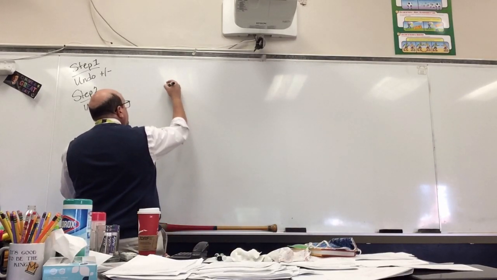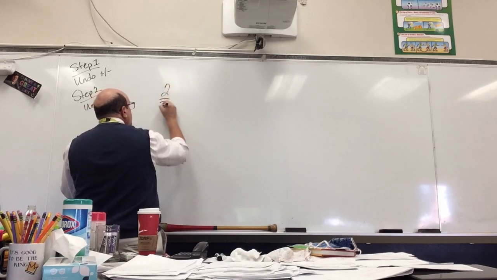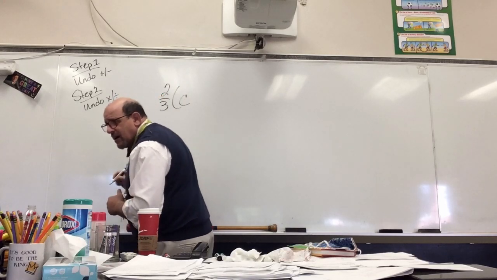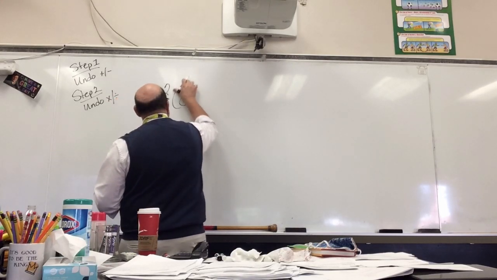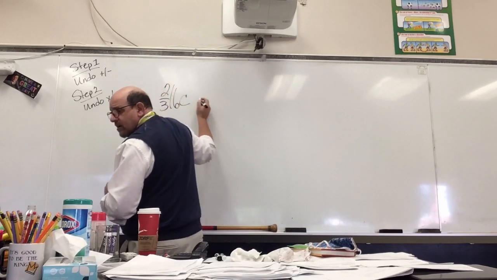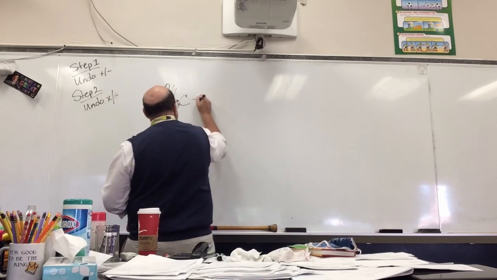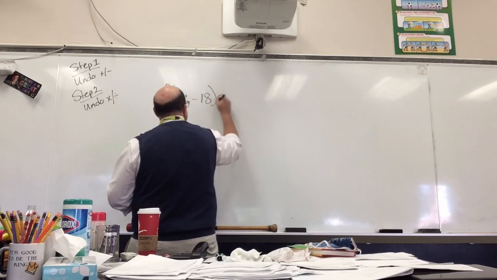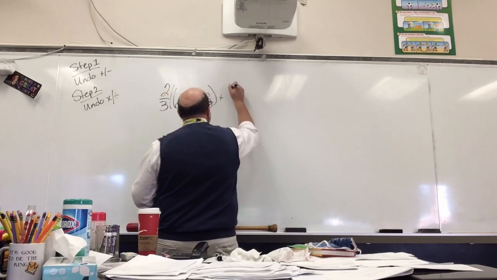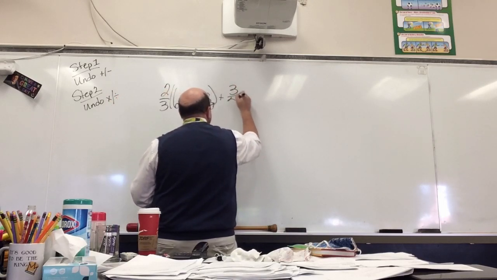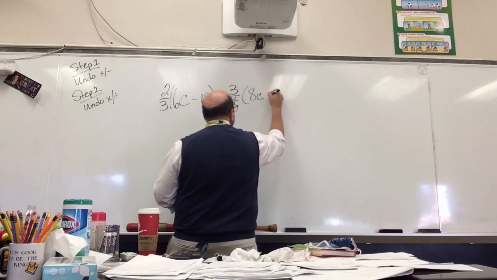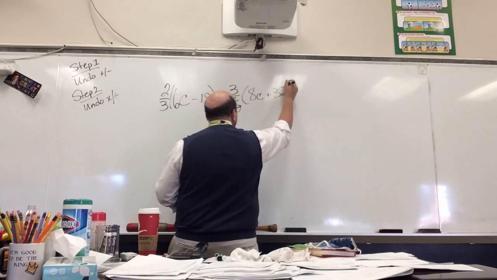But I digress. Let's get to the difficult one. I have 2/3 times the quantity, I lied, 6C minus 18, plus 3/4 times the quantity 8C plus 32.